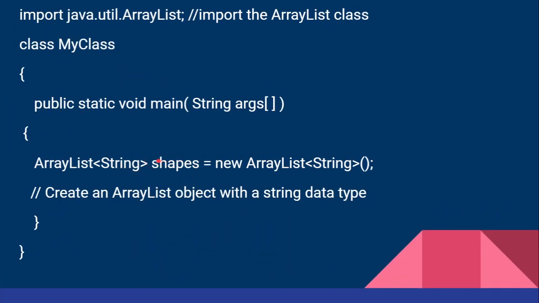Shapes is the object, that is the array name. What is the class name? ArrayList is the class name. So shapes is the name of the array, which creates a list of elements for the object shapes, which is of class ArrayList, and the data type here is string. So that's all. We have to close the brace which is open. This is one simple Java code which helps to demonstrate how to create an ArrayList object.